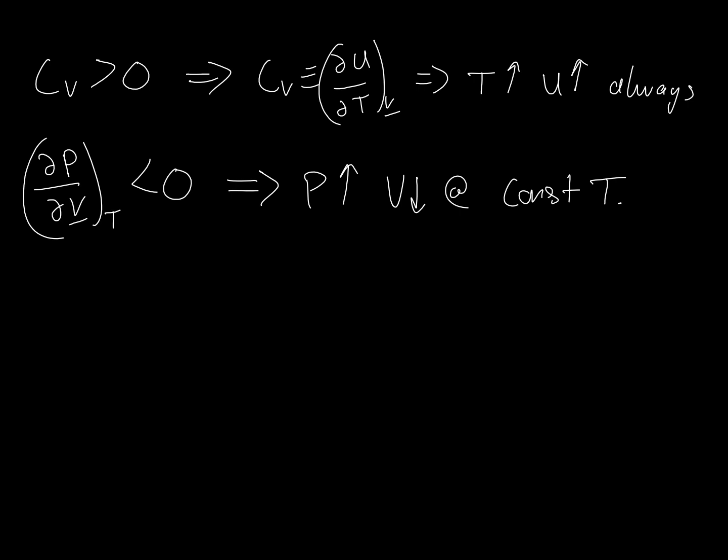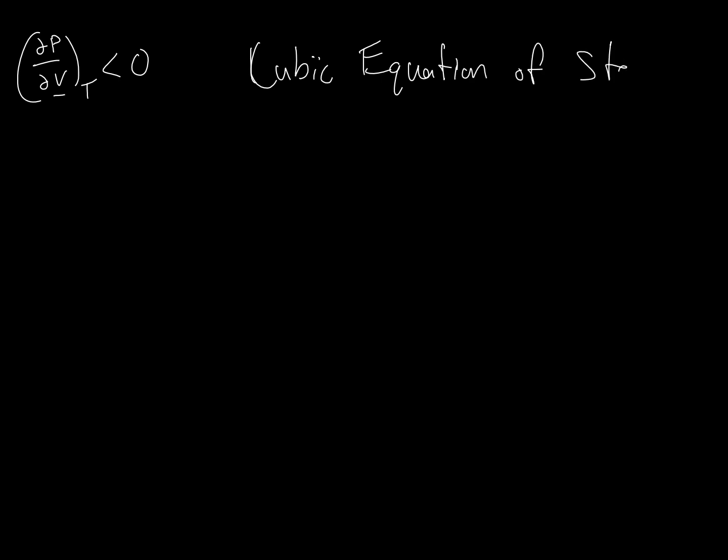Should we go to the next slide here? So the whole reason why we can use a cubic equation of state to predict phase behavior is because of this stability criteria. Let's say, for example, we're talking about the ideal gas law.